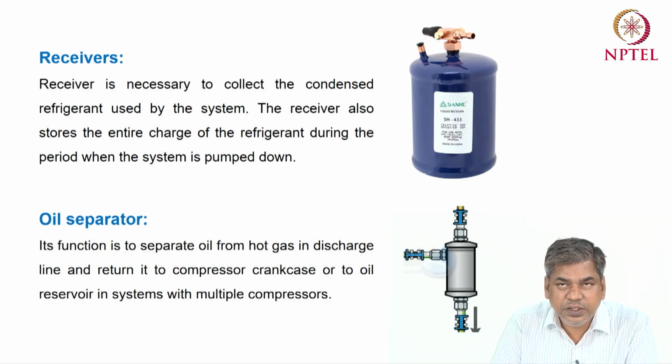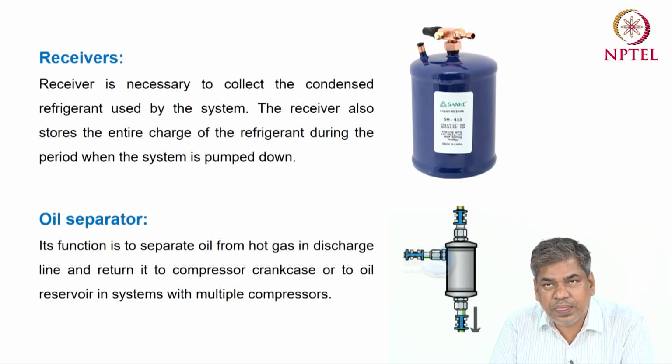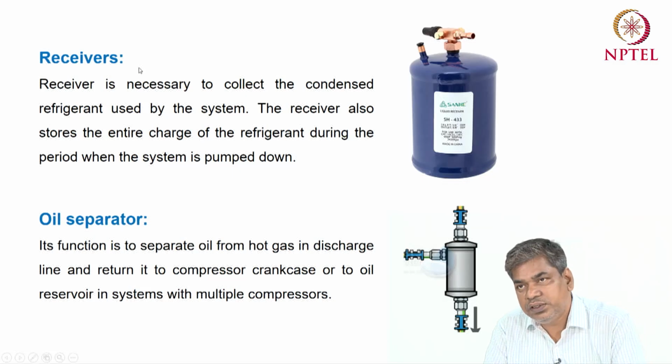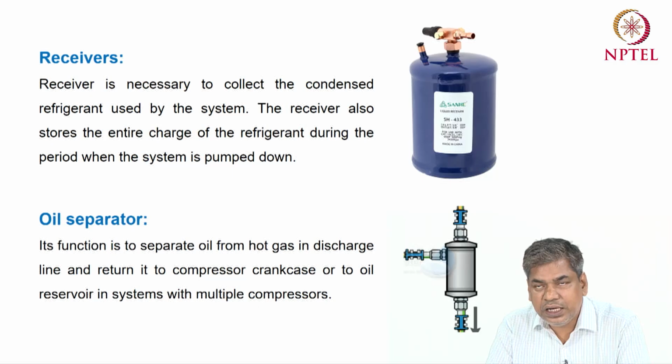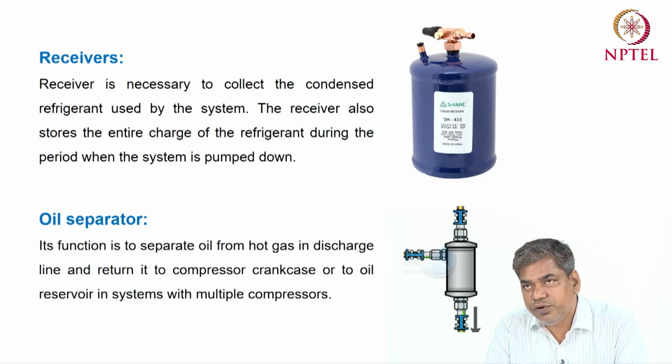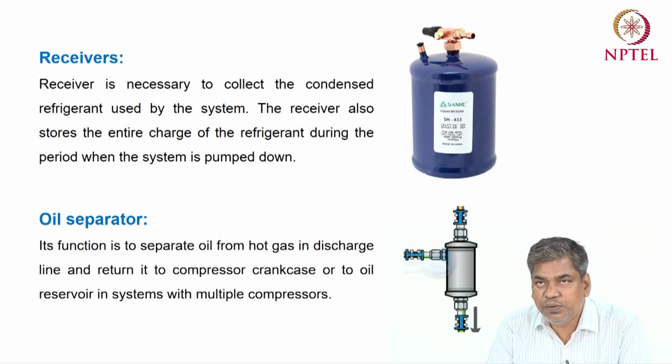So if we use an expansion valve or manual expansion valve after the receiver, then as per our requirement, we can get a higher flow rate when needed and a lower flow rate when needed.